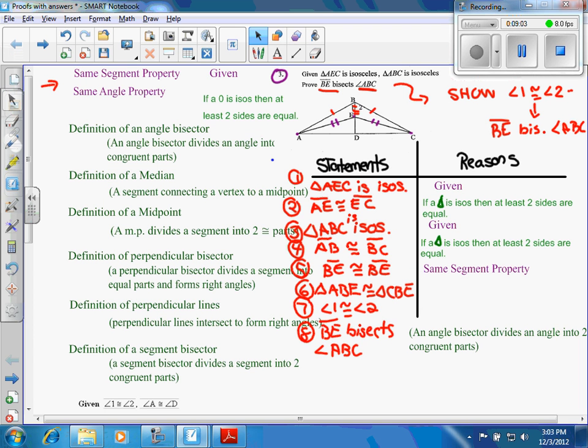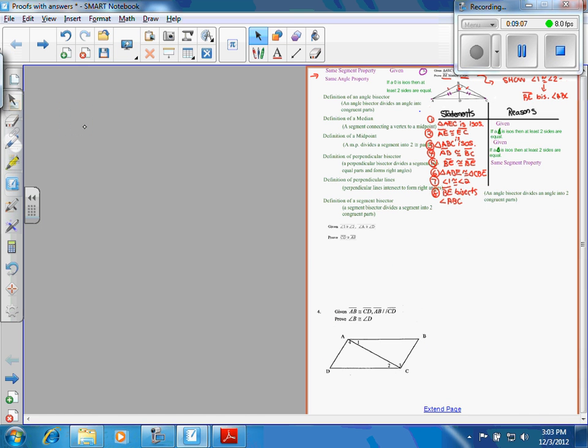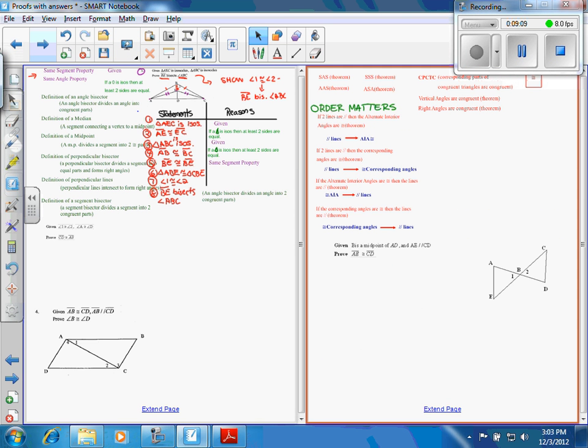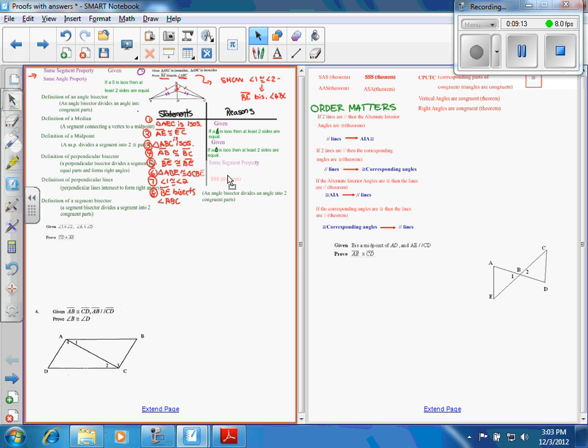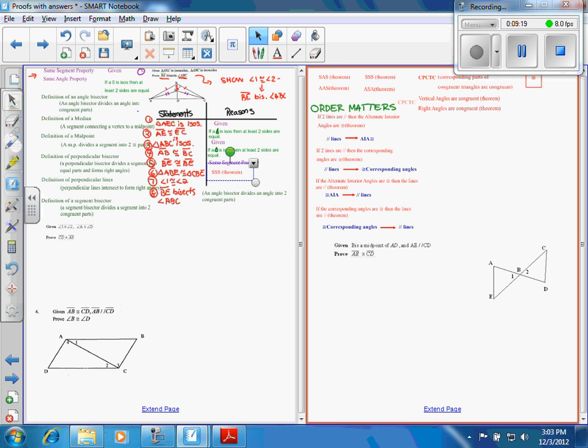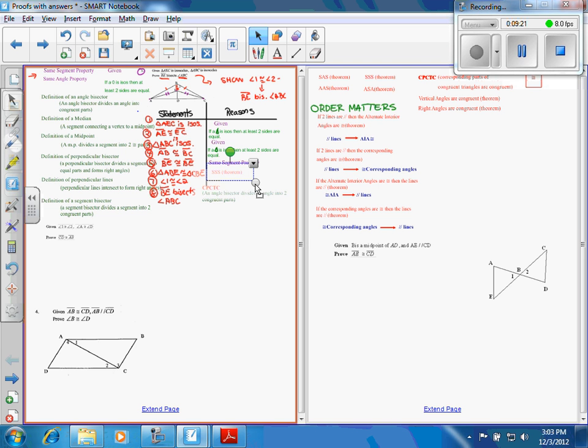And then for BE equal to BE, that's the same statement property. And then we have congruent triangles, so I'm going to switch to dual page here. And the triangles were congruent by the side-side-side theorem. So we'll bring that over here. And then we have angle 1 congruent to angle 2 by corresponding parts. So I'll blow this up again, but I just borrowed them for the other page there.